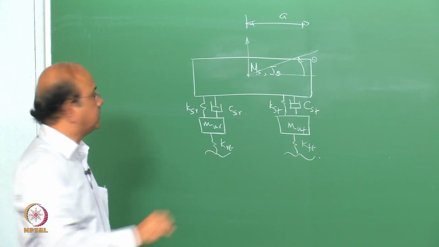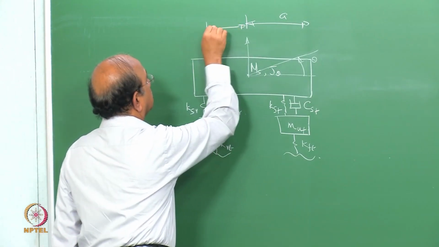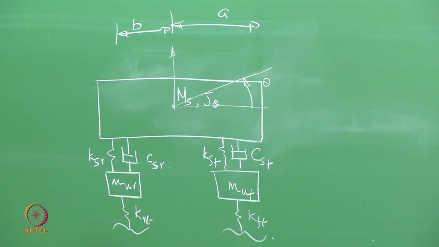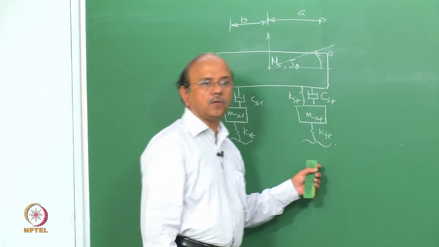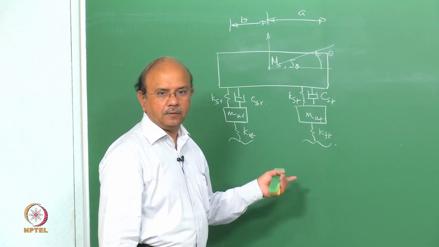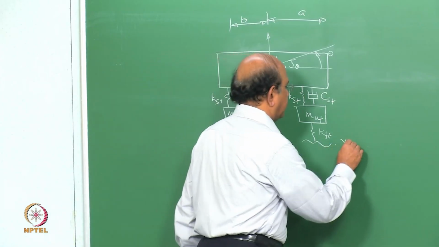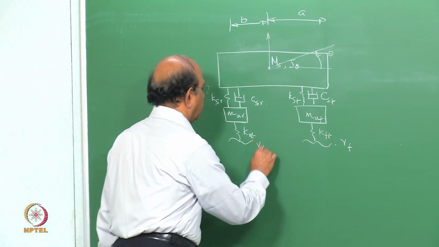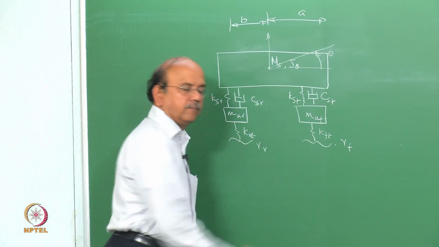That is this distance a, and that is the distance b from the front and the rear. The input to this is obviously the road input. So we will call that, say, road in the front and road at the rear.